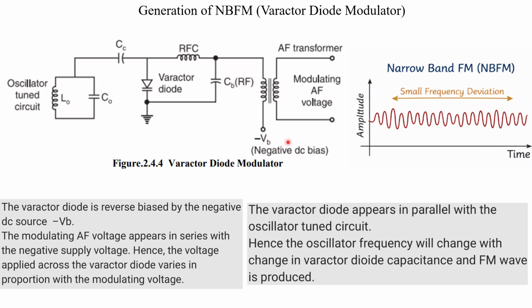The modulating AF voltage appears in series with the negative supply voltage. Hence the voltage applied across the varactor diode varies in proportion with the modulating wave. The varactor diode appears in parallel with the oscillator tuned circuit. Hence the oscillator frequency will change with the change in the varactor diode capacitance, and a frequency modulated wave is produced, right? So this is exactly the way.